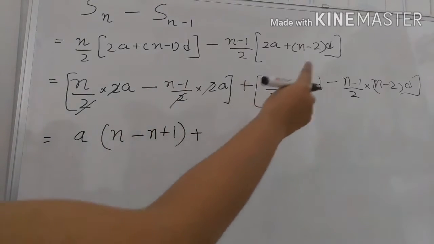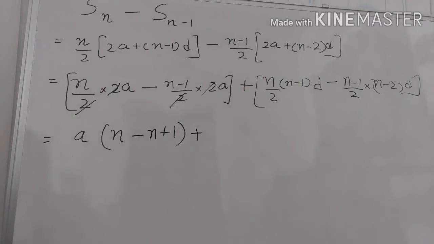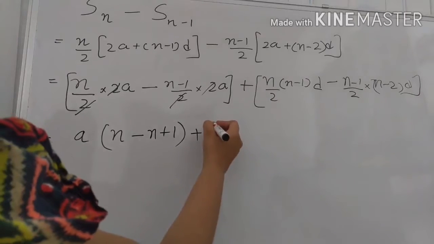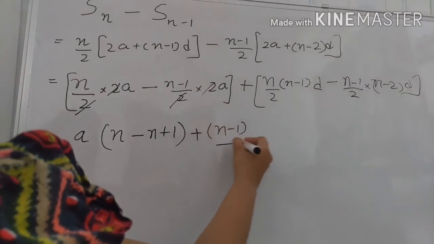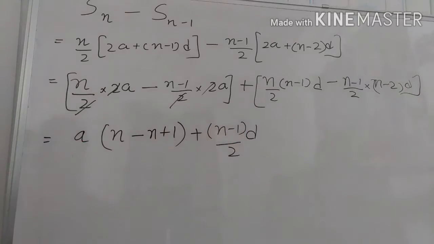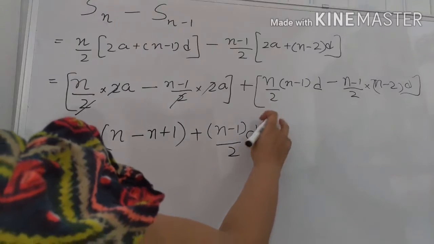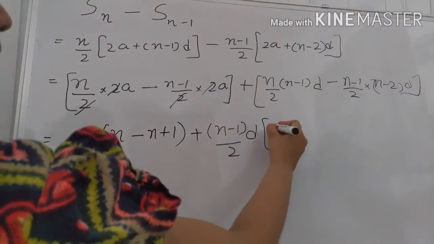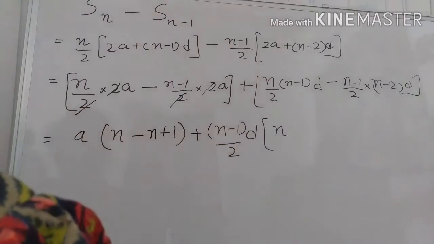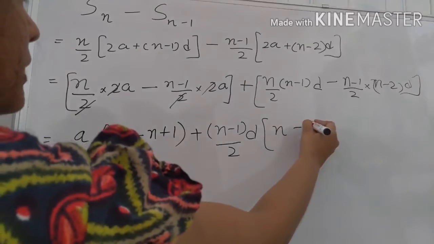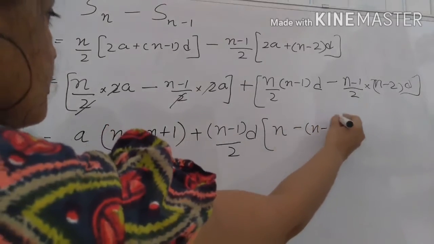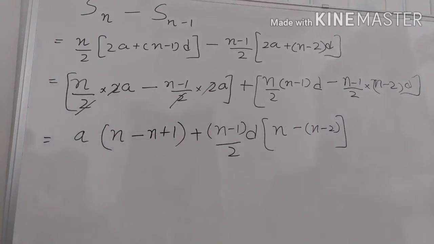Plus here in this second bracket you see I can take (n minus 1) by 2 d common in all. So now what is left in the bracket? There is n from the first term minus (n minus 2) from the second term. This is left in the bracket. So here n plus and minus cancelled.